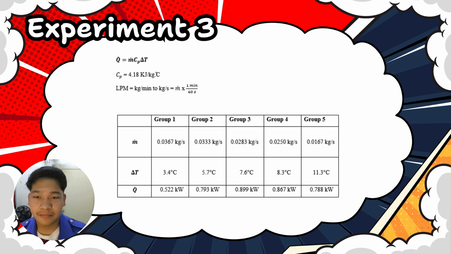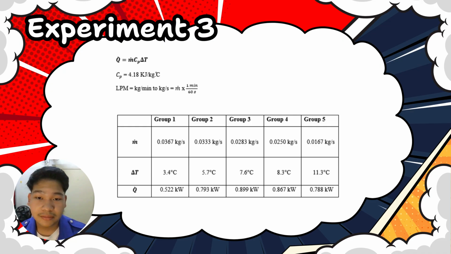For discussion, here is our data after we calculate using all the formulas, which is Q equals m dot Cp delta T, where Cp equals 4.18 kilojoule per kilogram degree C. LPM is converted to kilogram per second.